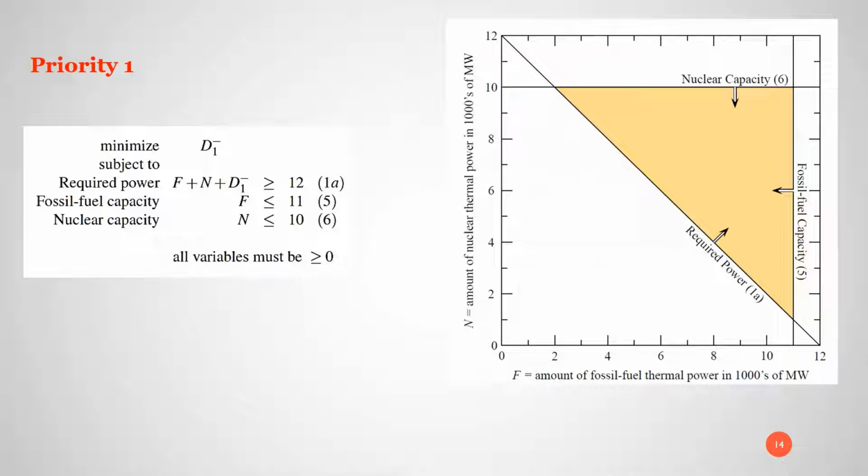This model has 3 variables, but we already know that the target value for d minus 1 is 0. And I can proceed with this assumption. What I mean is that I will assume that d minus 1 equals 0 and try to find the related feasible region of this situation.